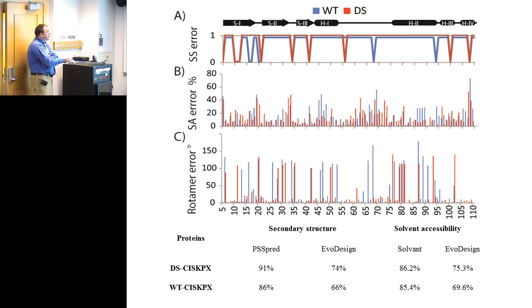So EvoDesign is recognizing the design sequence with a statistically significant difference, as well as when we look at the solvent accessibility. We predict the solvent accessibility for each residue, using another program that Yang wrote, and see that in general there are minimal differences, but EvoDesign definitely recognizes the difference.